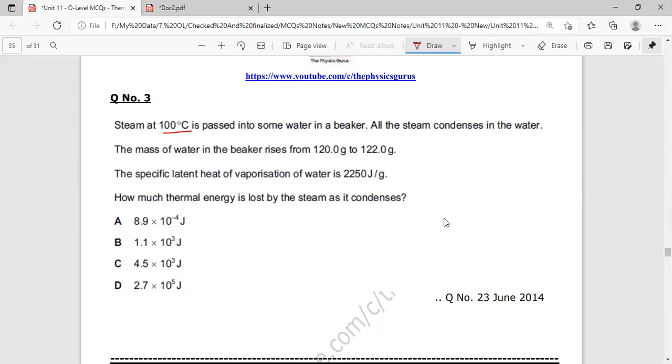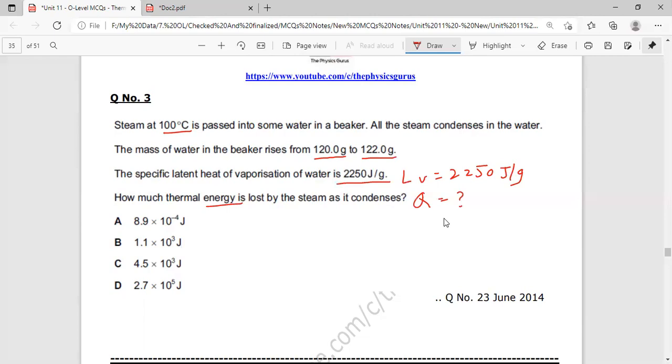The mass of the water in the beaker rises from 120 grams to 122 grams. The specific latent heat of vaporization LV is given as 2250 joule per gram. How much thermal energy Q is supposed to be there?